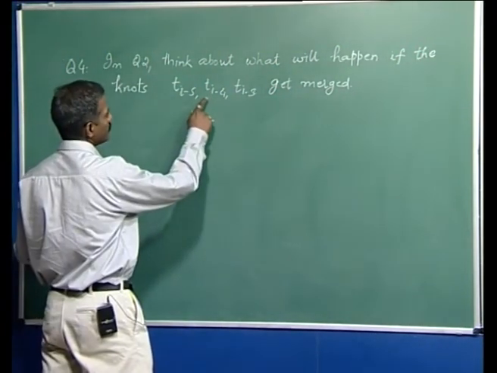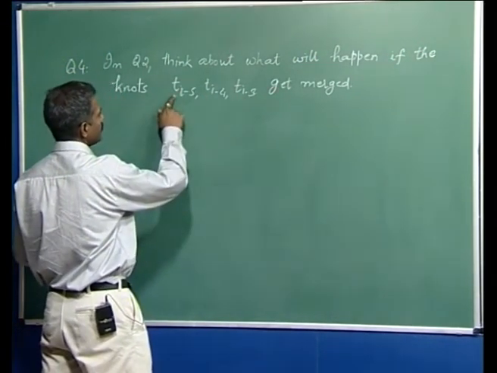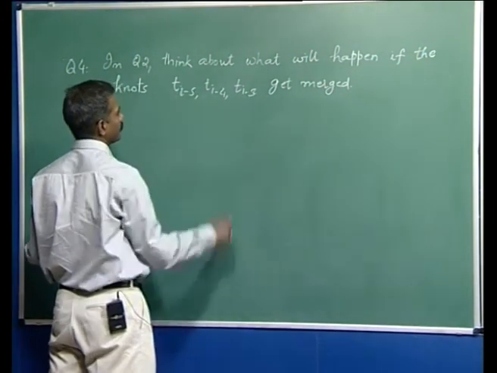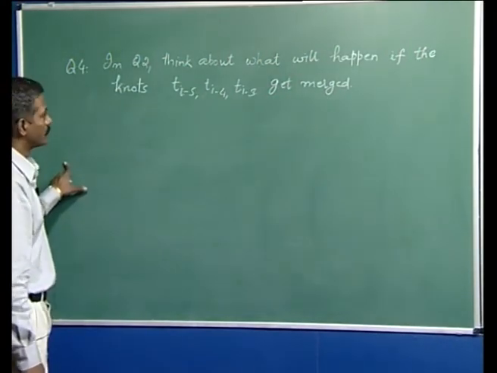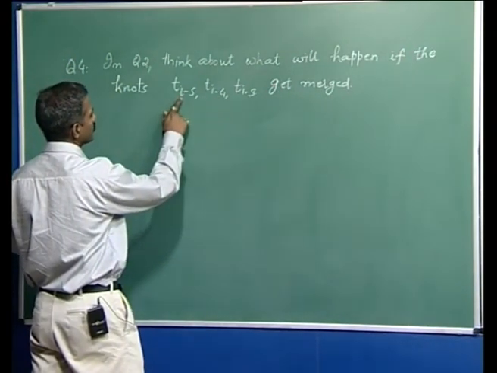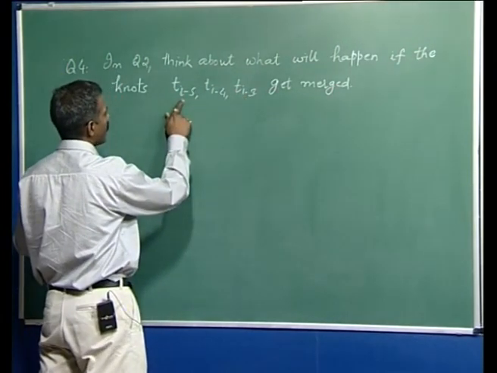You can first say t_(i-4) equals t_(i-3), and then t_(i-5) is equal to t_(i-3). Or you can merge these knots from the right by saying that t_(i-4) equals t_(i-5), and then t_(i-3) equals t_(i-5). In the next lecture, we are going to be studying the properties of the normalized B-spline basis function.